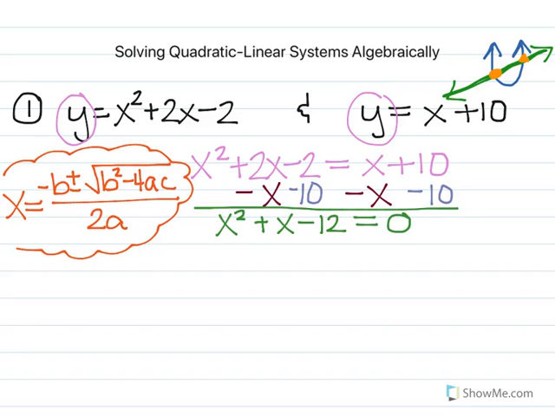So it's trinomial because there are 3 terms. And your a value is 1 because there's nothing in front of that x squared. So to factor this, you list the factors of c, which in this case are 12, until you find the factors that add up to your b value, which is 1.